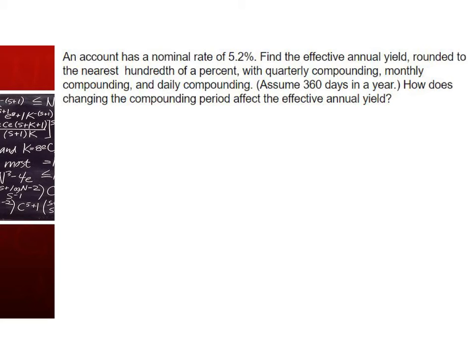So this is just using the effective annual yield formula, which is 1 plus the interest rate divided by the compounding, raised to the compounding power, then minus 1, and then at the end we have to multiply by 100. If you want to do it all in your calculator at one time, you can put all of that in parentheses.